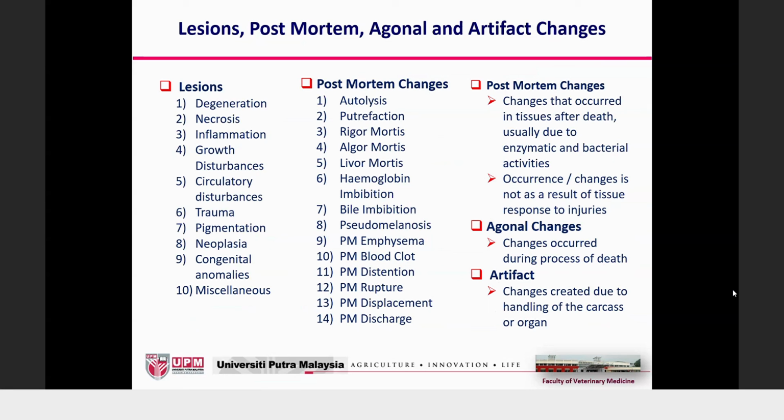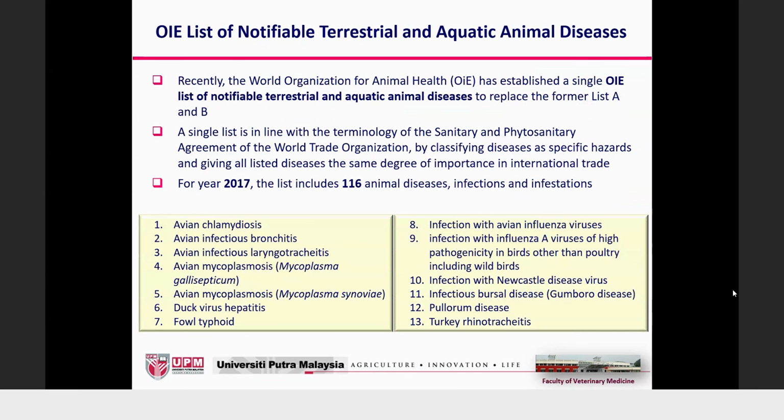And importantly also, which is not that commonly practiced, you have to take note of the OIE list of notifiable terrestrial and aquatic animal diseases, where in this case we need to report to DVS whatever cases we have identified.